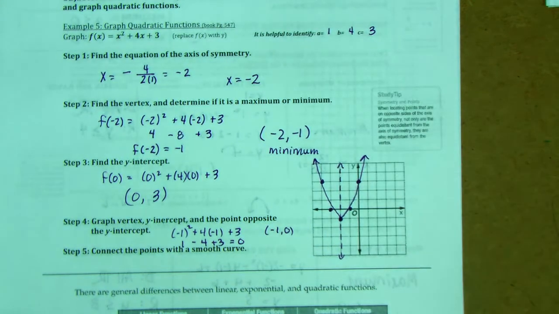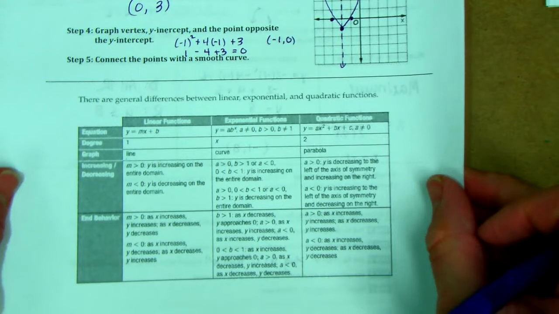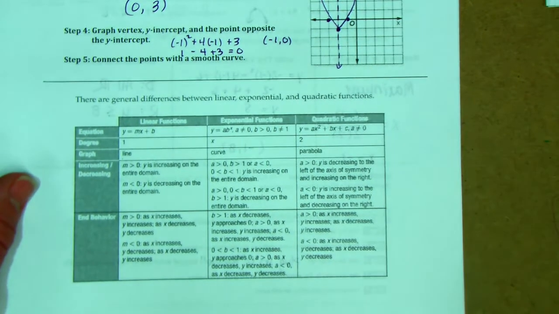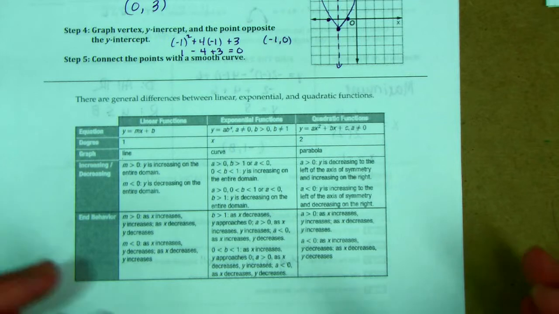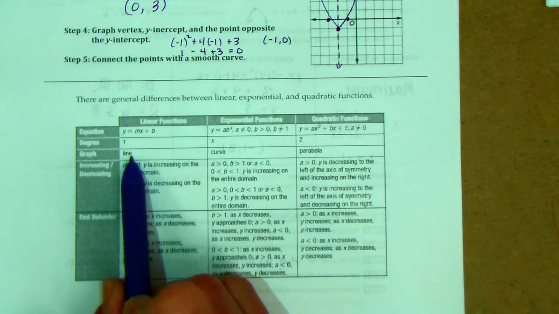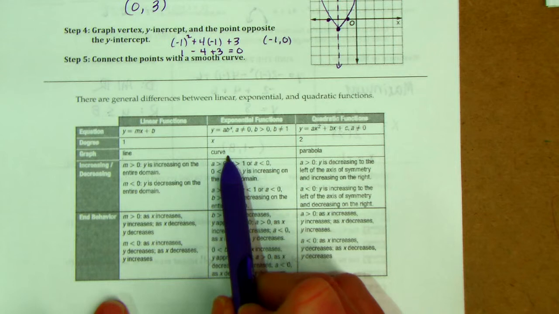Okay, so on the bottom of this page, general differences in linear, exponential, and quadratics. We're going to be talking about this more later in the chapter, so you want to take a look at that. Obviously, main point: linear makes a line, exponential makes a curve, just a one-sided curve. Remember, it looks like this or like this.